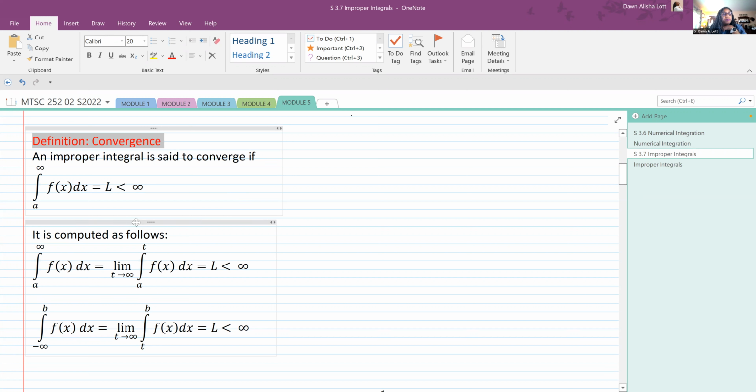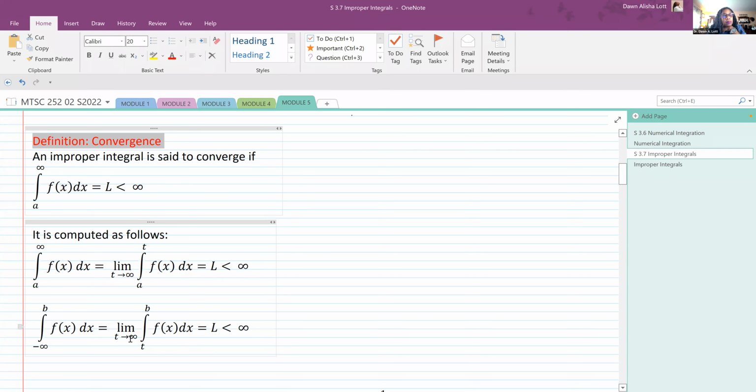So how are we going to compute it? Well, if it's the integral from a to infinity, I'm going to put a t at the infinity spot and then take the limit as t goes to infinity of the integral from a to t of whatever the function was, and then check to see if I get a number or if I get something that goes to infinity. Same thing, if I have the integral from negative infinity to b, I can put in t to b, and then I can let t go to negative infinity.